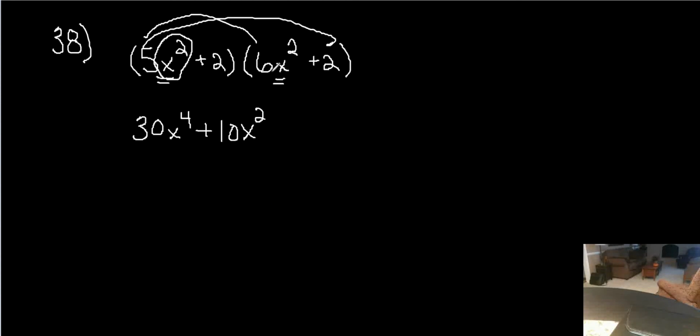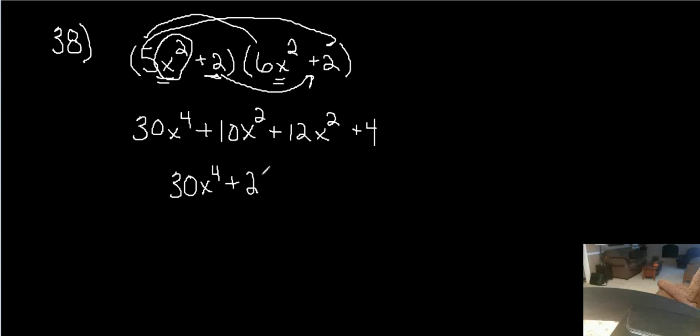Inside, 2 times 6x squared is positive 12x squared. And last is 2 times 2, which is positive 4. Final answer is 30x to the 4th plus 22x squared plus 4.